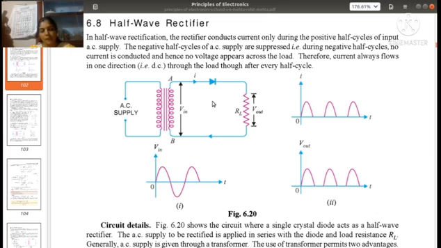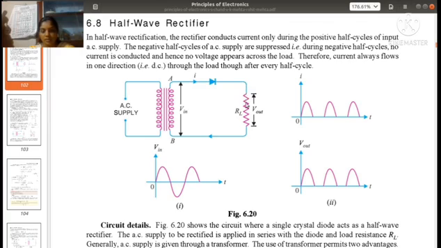So when this power supply is on, during the positive half cycle, the positive comes to the bar head of this diode, so that the diode becomes forward biased, and at that stage the diode becomes conducting, and current flows through the circuit.